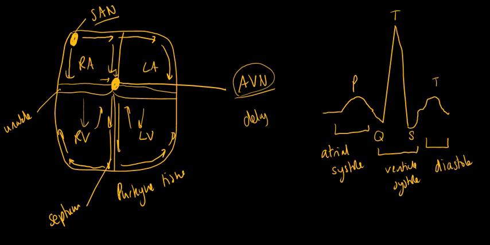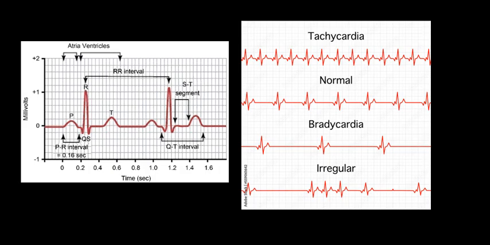This is a more accurate diagram, and we can also use these traces to assess the presence of any abnormalities that we might encounter. For example, tachycardia, which is a faster than usual resting heart rate. This is our normal ECG trace, and bradycardia, which is a lower than normal resting heart rate, as well as an irregular heartbeat, which can be seen on the bottom.